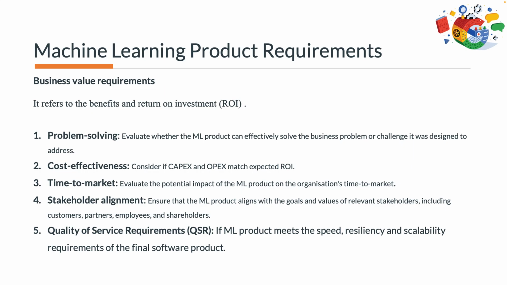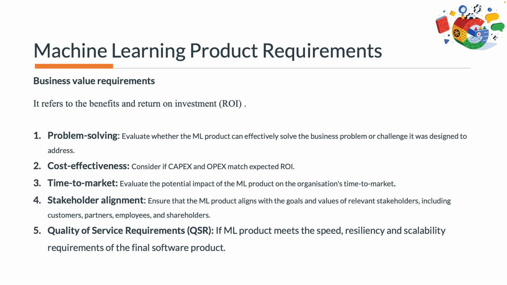The third consideration is time to market. You have to evaluate and make sure that your machine learning solution will not impact the time to market in a negative way. Then stakeholder alignment is the fourth consideration. Ensure that the machine learning product aligns with the goals and values of relevant stakeholders, including customers, partners, employees, and shareholders.